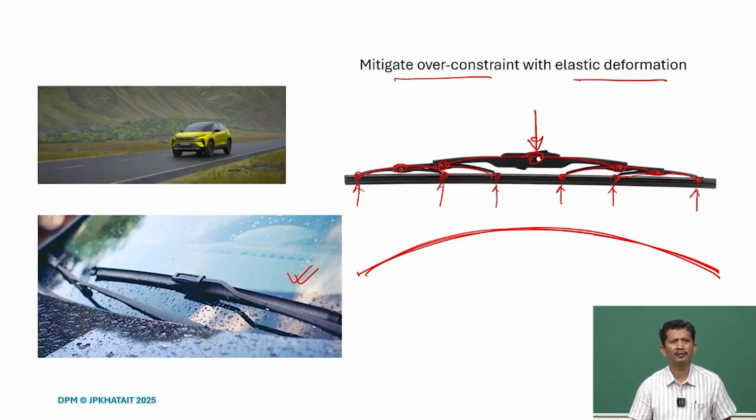So, in robotics or in kinematics, many times we call it under actuated systems, or we can say there are many redundant degrees of freedom. But again, if we talk in terms of machines, it is mitigating over constraint with the elastic deformations, and in some of the latest designs what you see is not some kind of pin joints, but just some hinges, and it can be made with just one piece with injection molding.